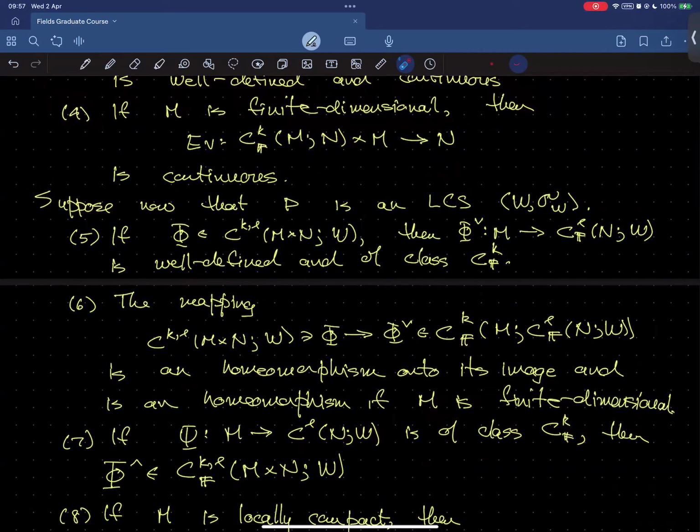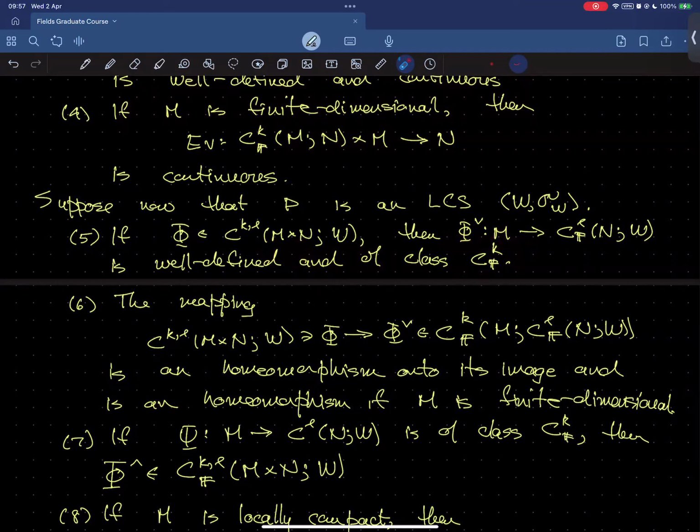So we get a mapping phi check, which takes a point in M and gives me a mapping from N into W. So if phi is CKL, K times differentiable in the first argument and L times differentiable in the second argument with continuity of the iterated derivatives, then phi hat is well defined. And moreover, it is class CK.